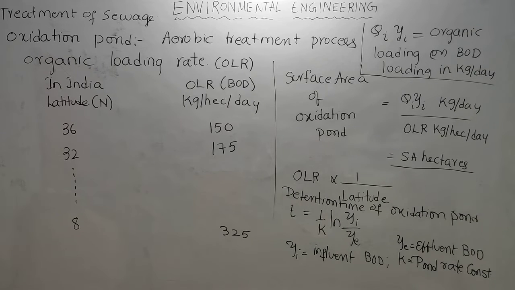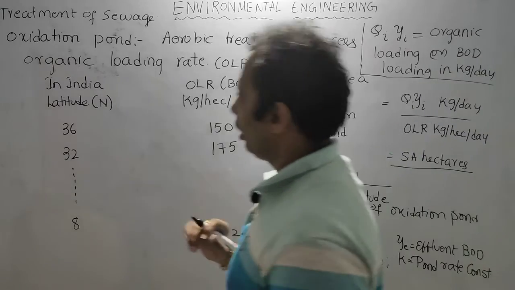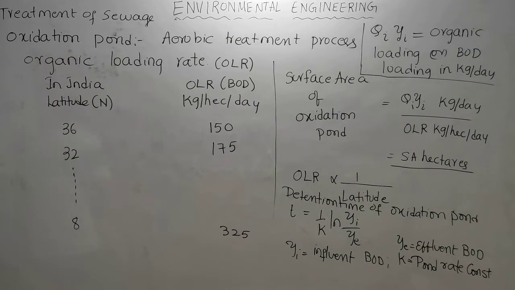So this way we can design by looking at the organic loading rate and the organic loading that is coming. The organic loading will come from the sewage. The organic loading rate will come from the latitude where this pond exists. If you know these two, we can decide the surface area of the oxidation pond, and the detention time can be determined depending upon how much effluent BOD you need.